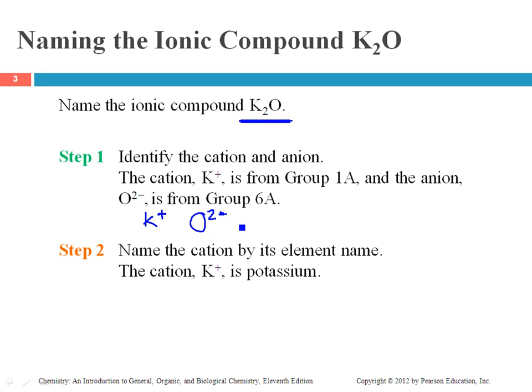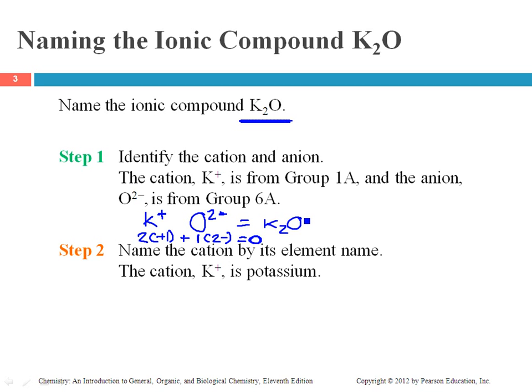So if we write the formula here, we need 2 plus only 1 oxygen to equal 0. And that gives us K2O. We'll do some more practice at the end of the video as well.